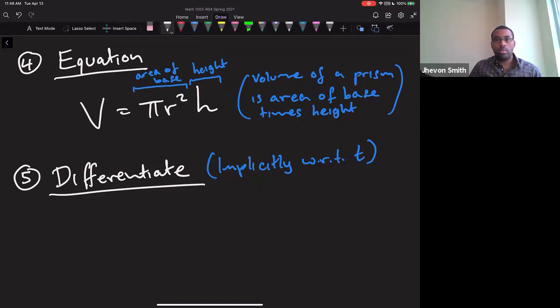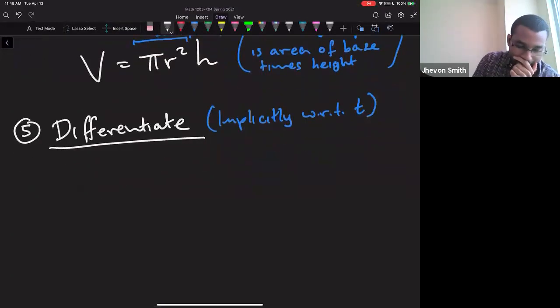I'm not sure, but to start, dV/dt equals, that's 2 pi r, and then I'm not sure about the h.